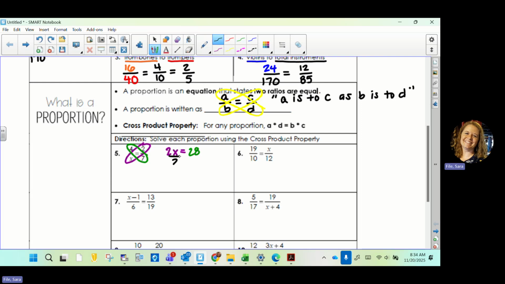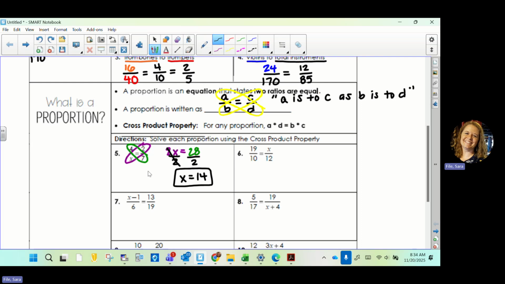The opposite is to divide. That's what you're doing every time when you cross multiply. You're going to multiply the 2 that you know that are diagonal from each other and then divide by that third. So instead of showing this dividing by 2 like this every time, some of y'all are going to do this kind of all in one step. So 28 divided by 2 is 14. And that would be x.